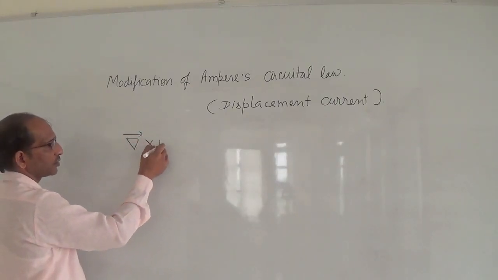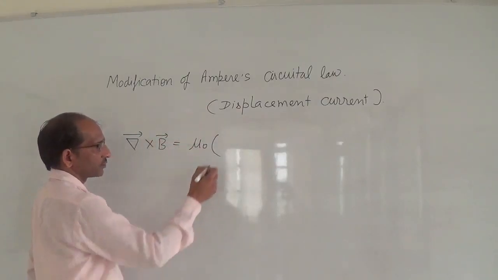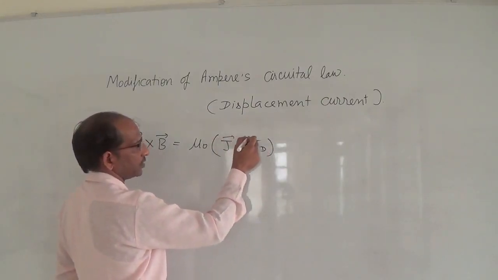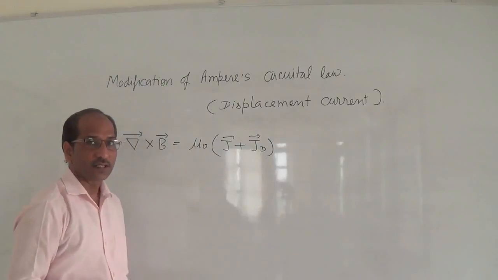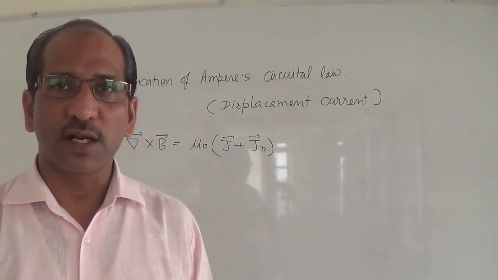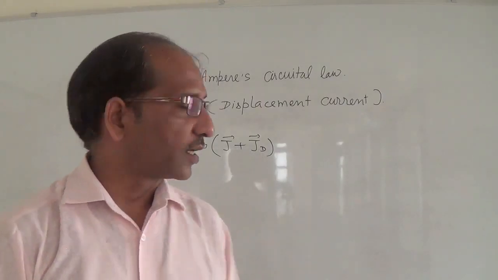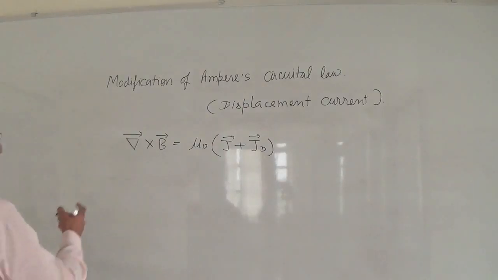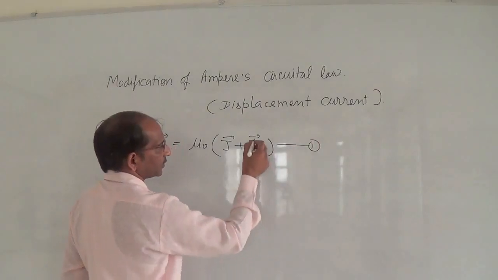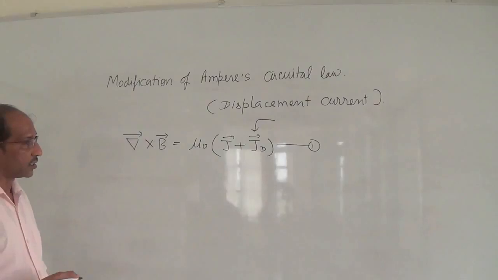Del cross B is equal to mu naught times J plus JD, where JD is the displacement current density. An additional term we have introduced into the Ampere's law that represents the displacement current.